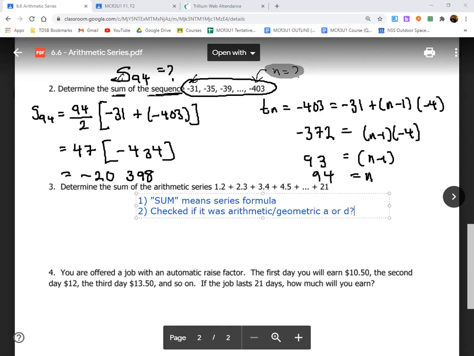A or D, D or R. And then we need either the first term and the last term, or we need A, D with the N. But either way, we needed the N. But if you have that, you're just plugging into the formula and away you go. Okay? Hope that sort of makes sense.